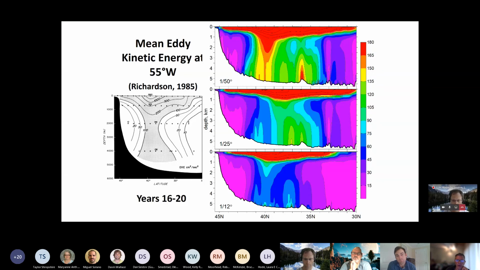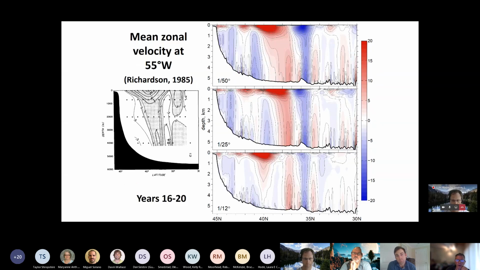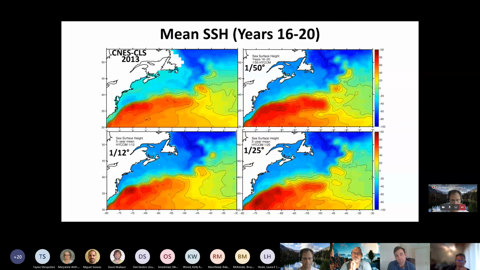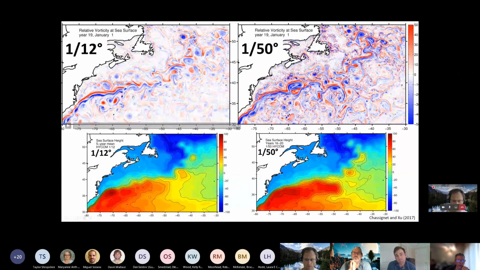So the fact that you have a better penetration of the Gulf Stream, you see it stops here, and then it becomes much less coherent afterward. When you have a lot of eddies, once past the separation, you start to have more energy that is pumped downward by interface displacement as the eddies move around.